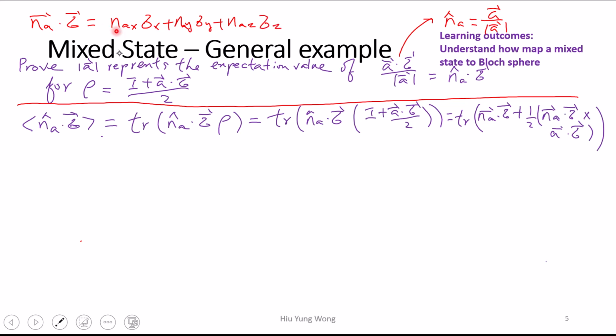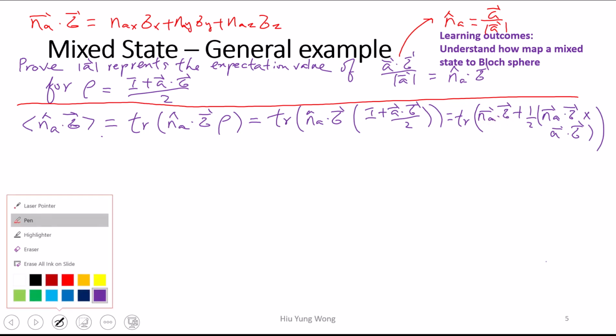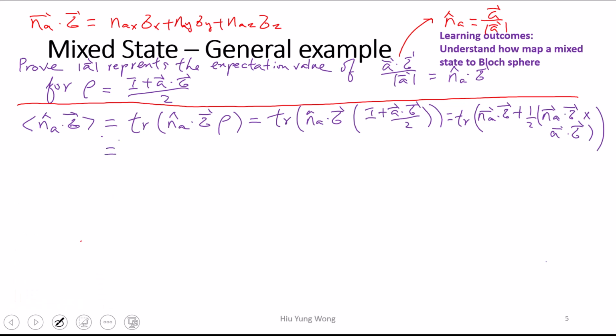The trace is linear, so you apply it to each of them, but the Pauli matrices are traceless. That's why anything dot sigma vector is going to be zero for the trace. So I just say this part is zero.